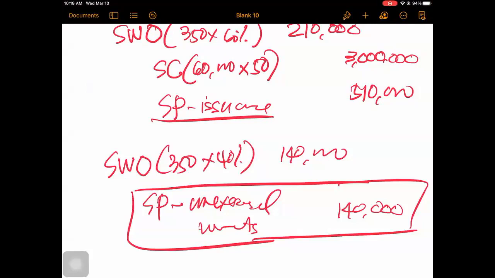Okay, sige. Let's continue to convertible bonds.